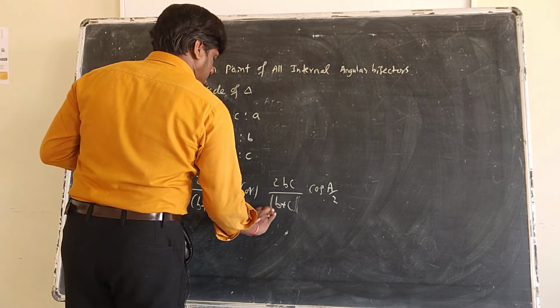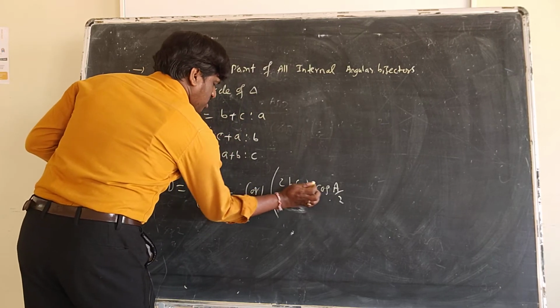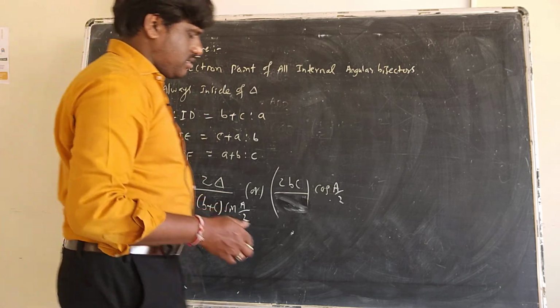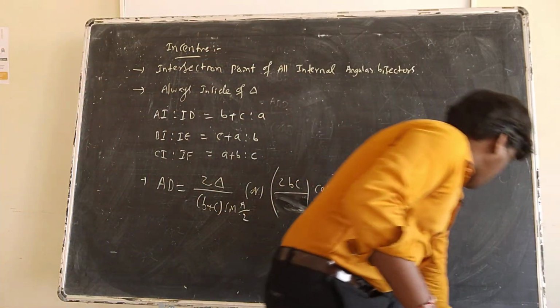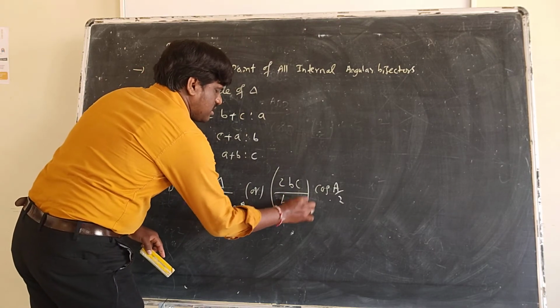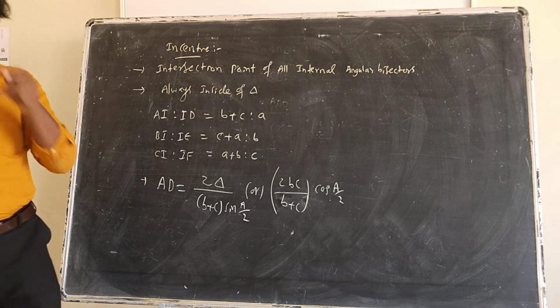So this is the angular bisector formula, the length of the angular bisector. You have learned these things in straight lines also.